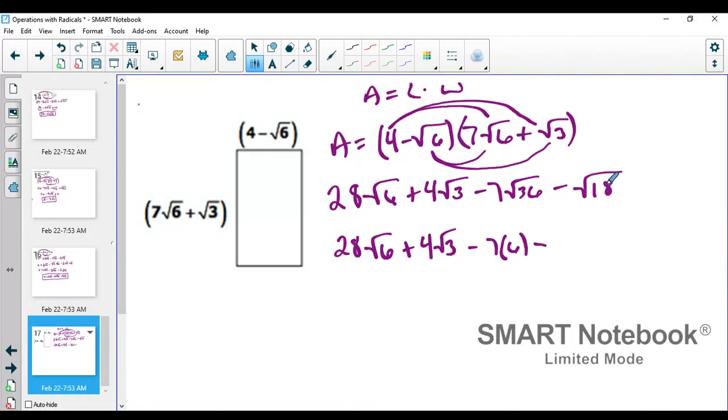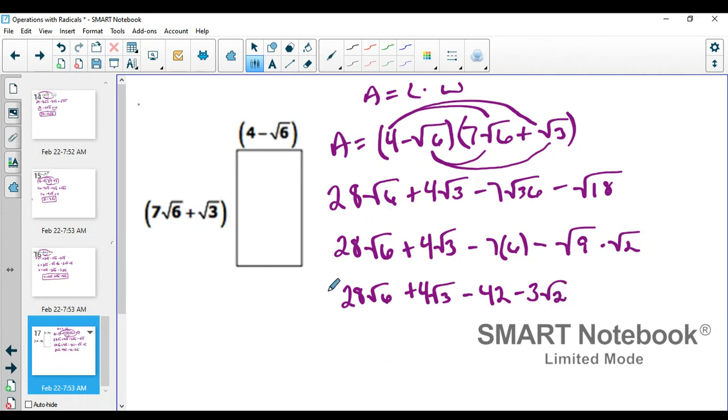And then minus, and then we can simplify the square root of 18 using 9 and 2. So we have the square root of 9 times the square root of 2. So the 28 square root of 6 plus 4 square root of 3, once again, don't change. But 7 times 6 is 42, so we have minus 42. And then the square root of 9 is 3, so we have minus 3 square root of 2.